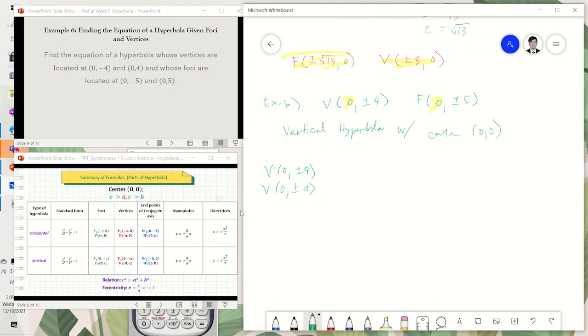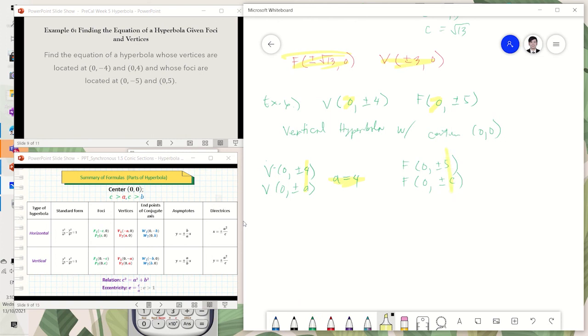So therefore, we can conclude that our a is automatically 4. For the foci, it is now (0, ±c).